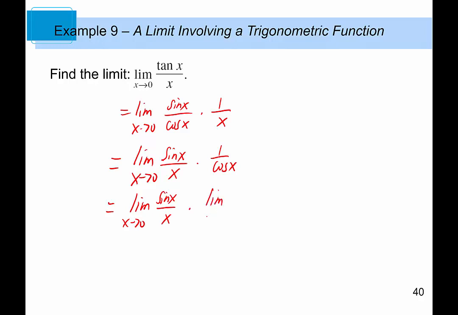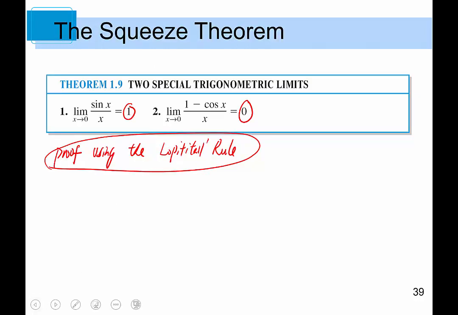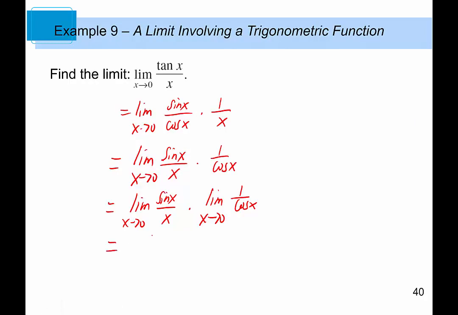From the previous slide, we know that the limit of sine x over x equals 1, right? So this is basically 1 times the limit as x approaches 0 of 1 over cosine x, which becomes 1 over cosine 0, and cosine 0 is 1. So it's 1 times 1, which gives us 1. So the final answer is 1.